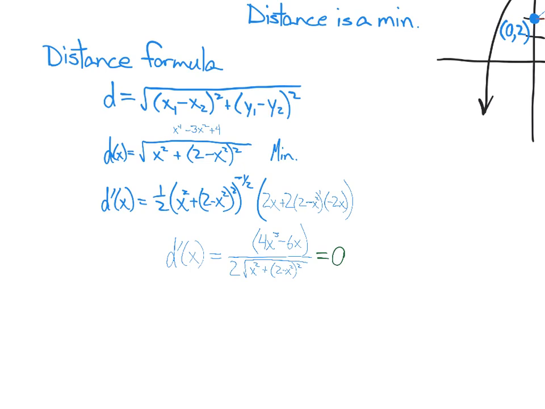So I don't need to worry about places where it's undefined. So I'm just looking at 4x cubed minus 6x equal to 0. So I take out a 2x, and I've got 2x squared minus 3. So x is going to equal 0, or plus or minus radical 3/2.